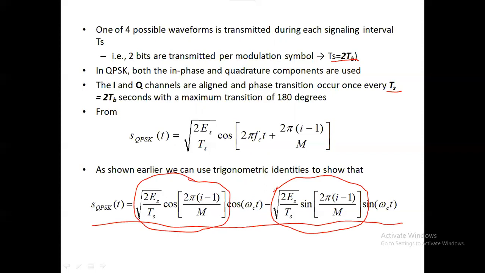The numerical values multiplied by this cosine and sine component will help us have any form of constellation plotted in in-phase and quadrature-phase components. Later we will see that every constellation can be plotted in 2D form.